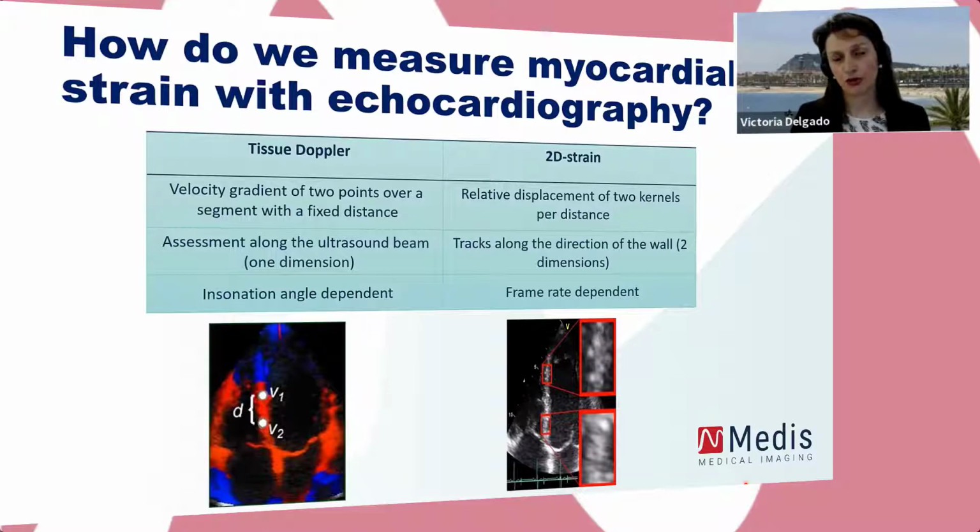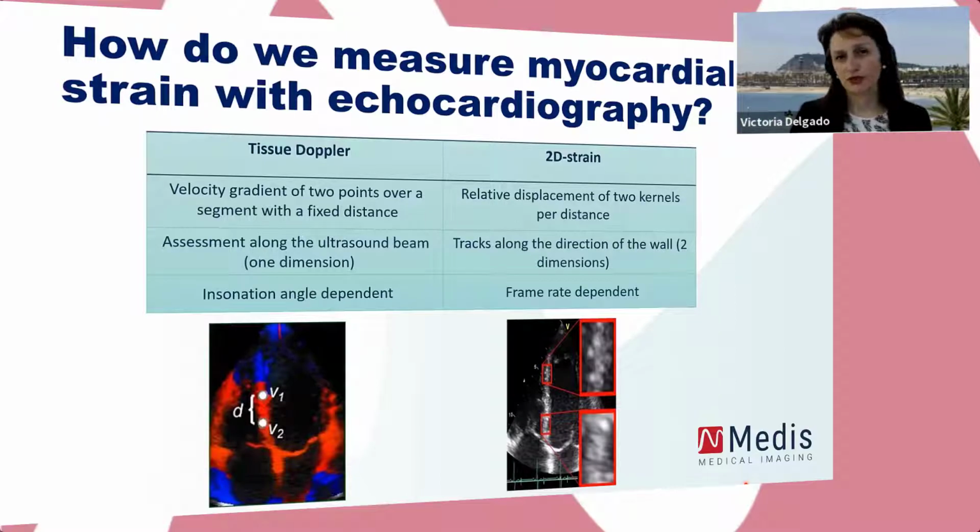But if we use the short axis view, we can assess the thickening in the anteroseptal and anterior segments and in the posterior and inferior segments of the myocardium. Therefore, tissue Doppler imaging and strain derived from tissue Doppler imaging is angle dependent.